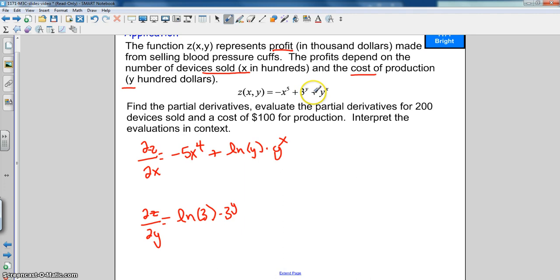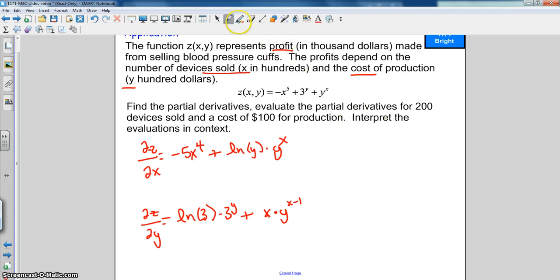And now this plus y to the x, x is a constant, so this is just a power function, and that is going to be plus x, bring the exponent down, times y to the power of x minus 1. Alright?